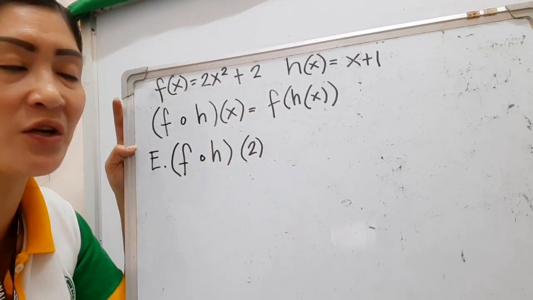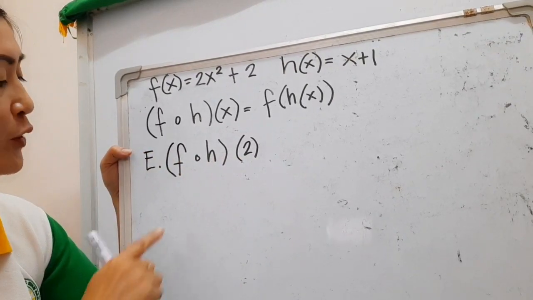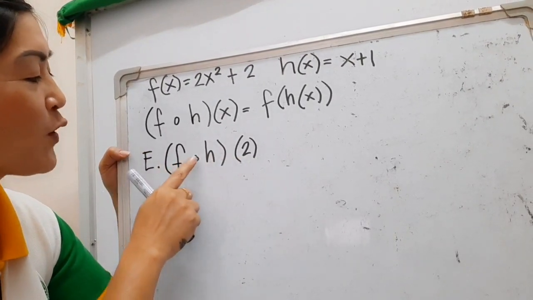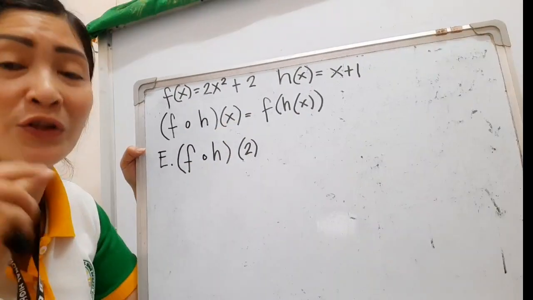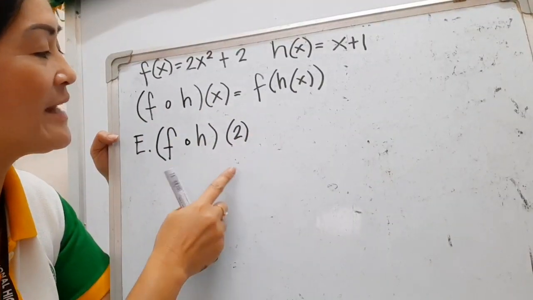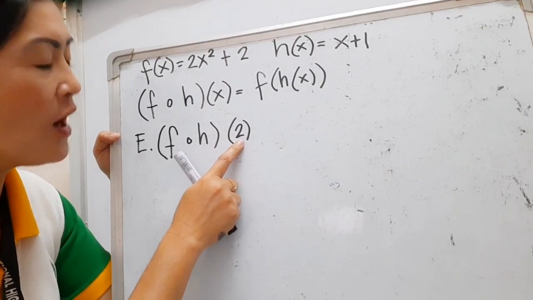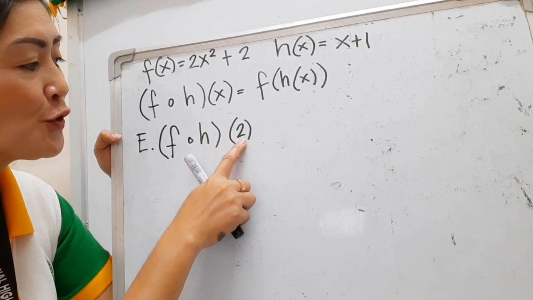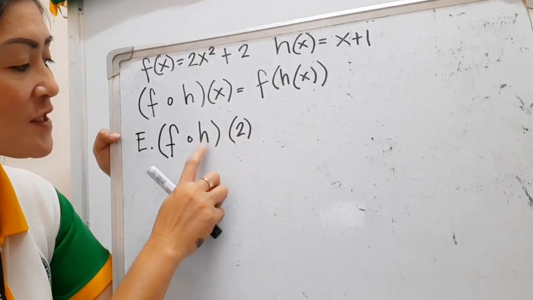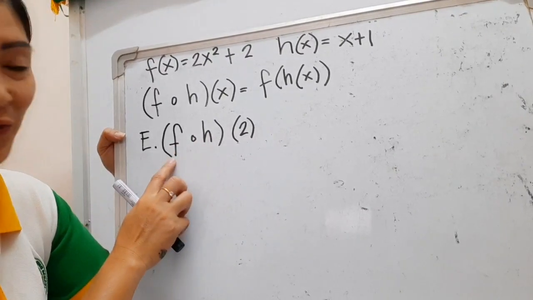So for the composition of functions, if for example we are going to simplify f composition of h of 2, to simplify composition of functions, look for a function that is closer to the given value. So in our given, 2 is much closer to h of x than that of f of x.